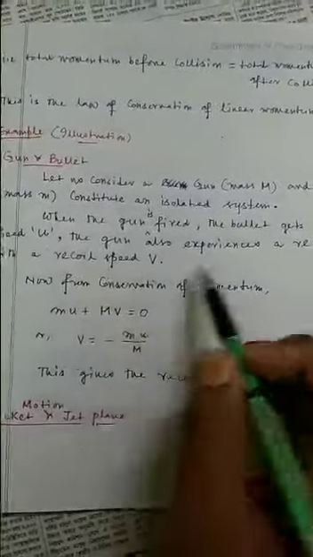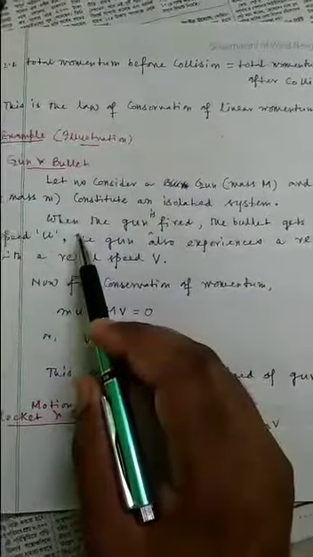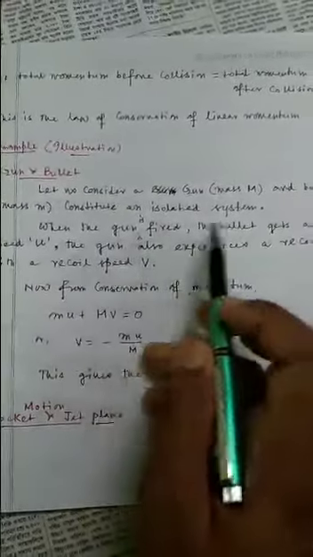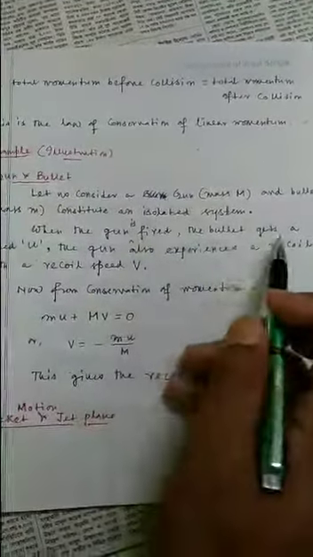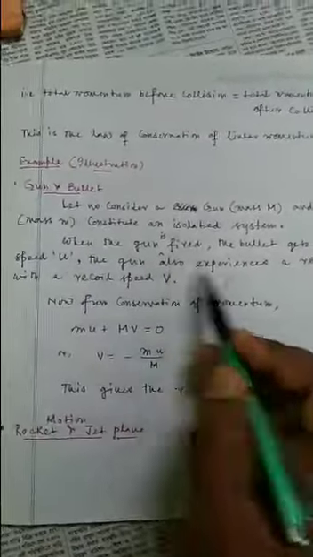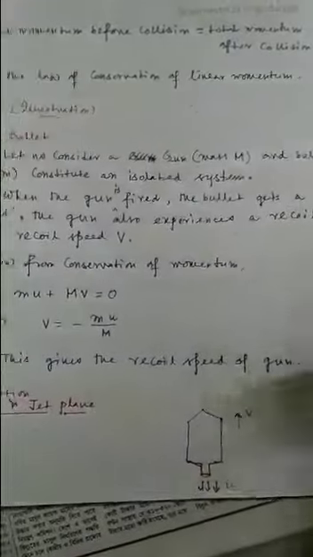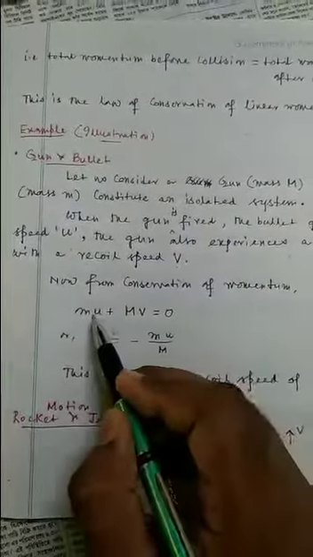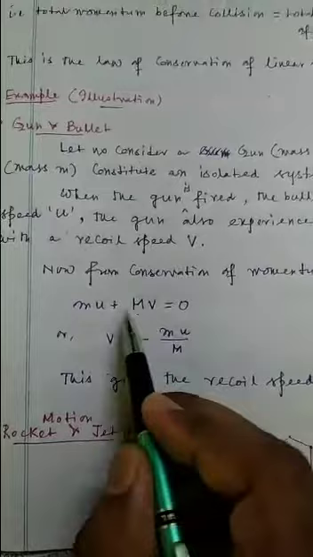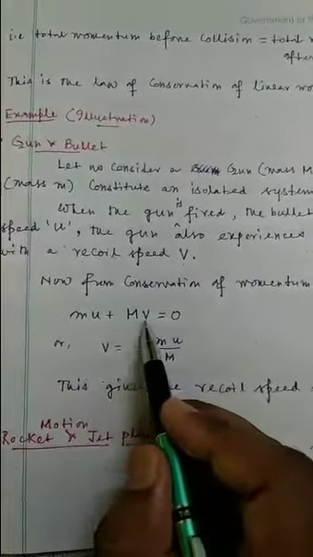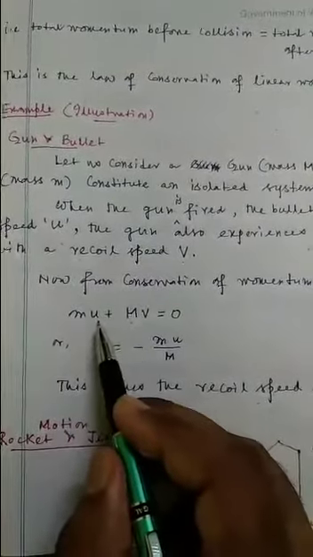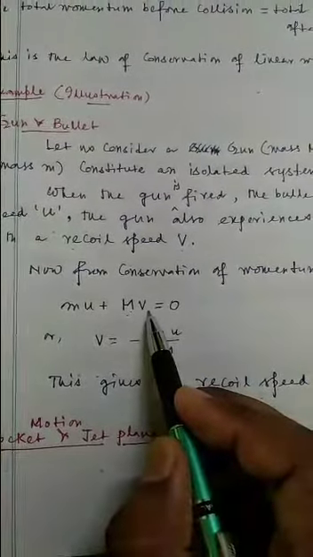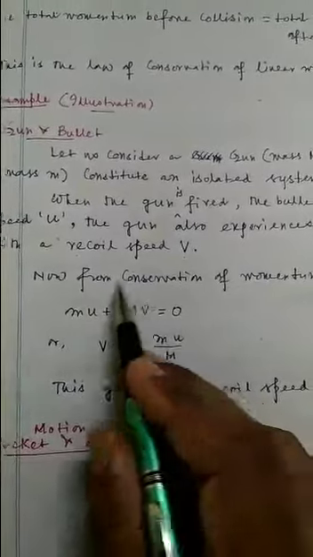The bullet has velocity u when the gun is fired, and because of that the gun experiences a recoil speed, which is considered as V. Then the total momentum after firing should be m into u plus capital M into V. Here m is the mass of the bullet, u is the velocity of the bullet, capital M is the mass of the gun, and capital V is the velocity of the gun. That is the total momentum of the gun bullet system after firing.